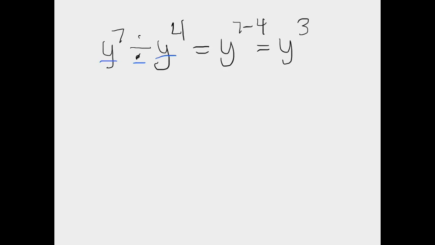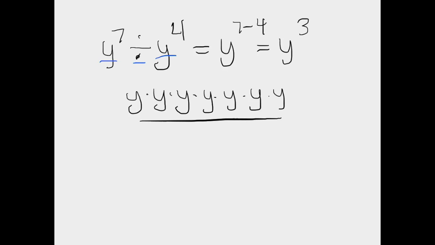Let's test this out with our canceling strategy. So if I have Y to the 7, I have Y times itself 7 times: 1, 2, 3, 4, 5, 6, 7, divided by Y to the 4th. So I have Y times itself 4 times: 1, 2, 3, 4.